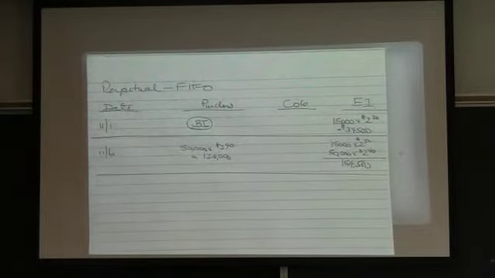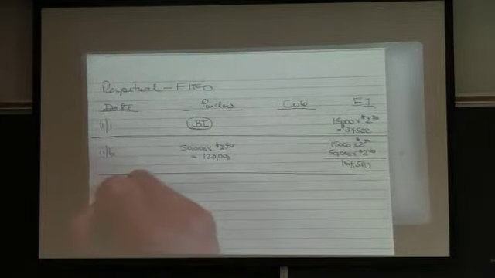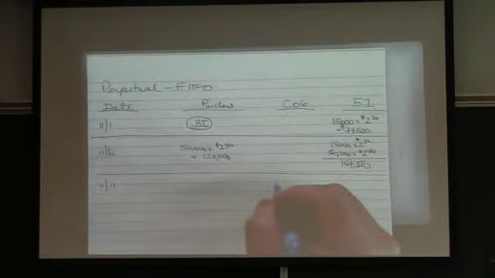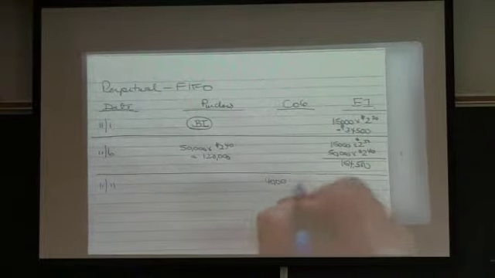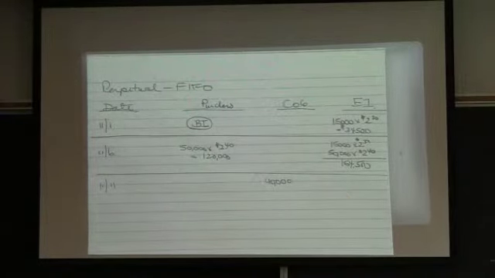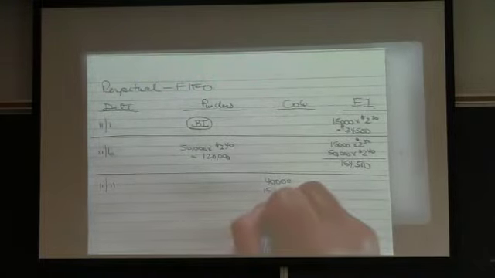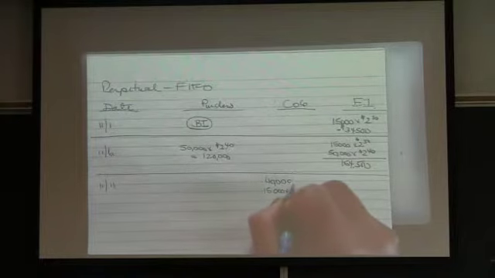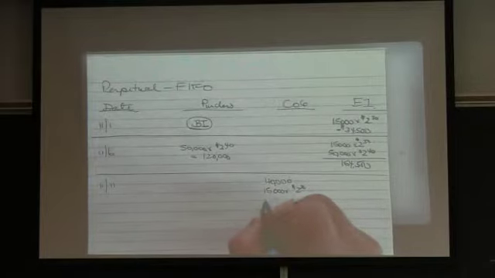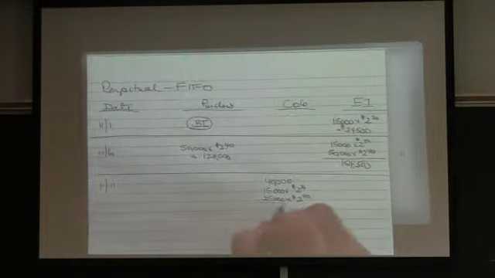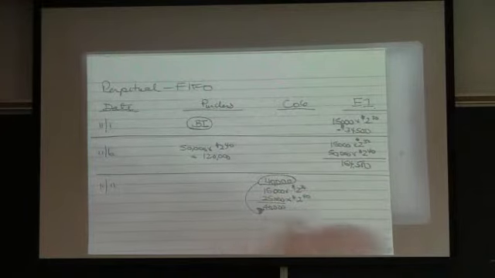Now, we had a sale on November the 11th, and we sold how many units? 40,000 units. Now, under FIFO perpetual, the first 15,000 comes from the $2.30, and the remaining 25,000 came from the $2.40. So that makes up the 40,000.